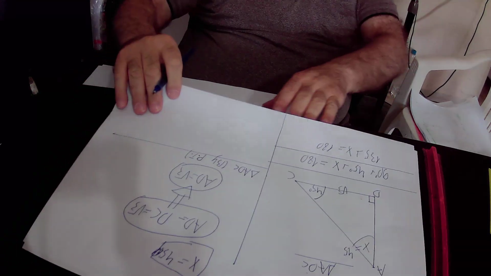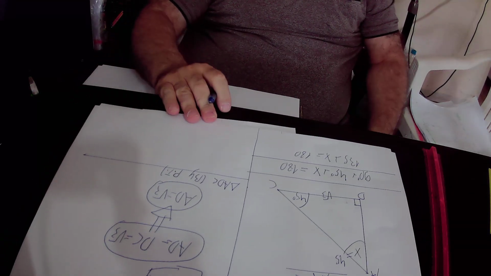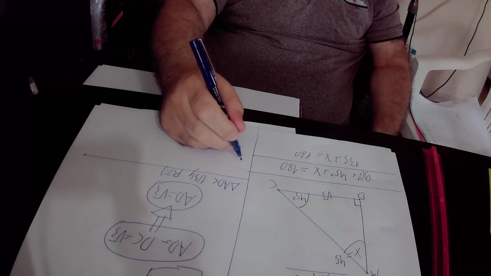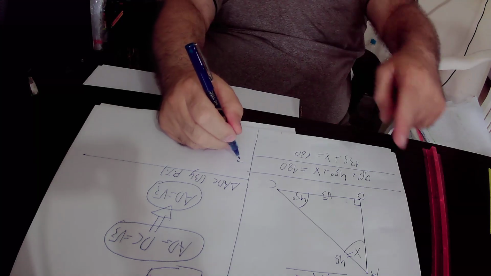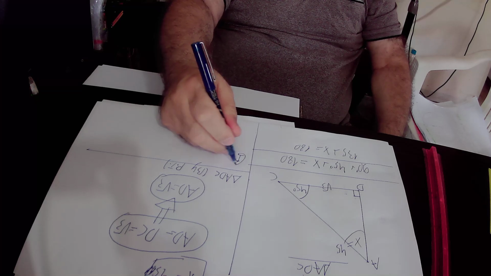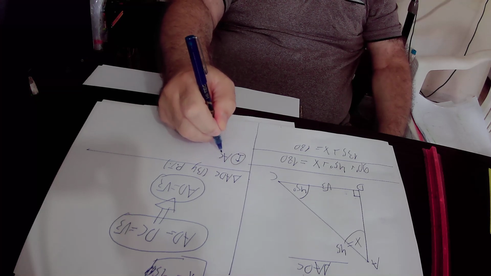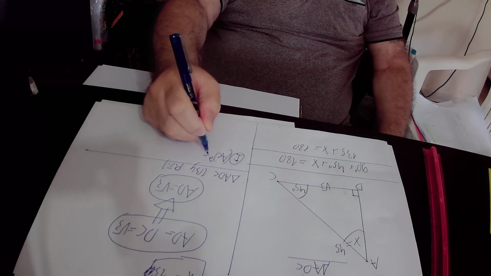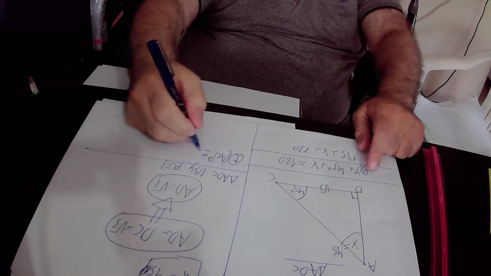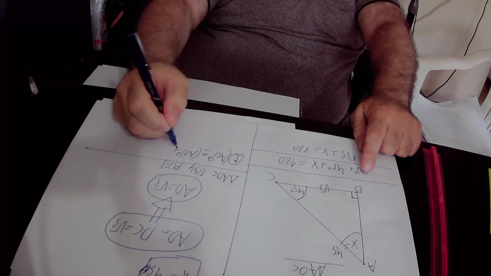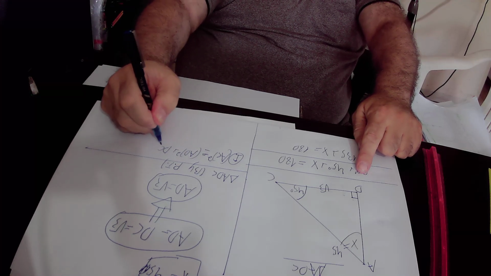According to the Pythagoras theorem, the square of the hypotenuse equals the sum of the squares of the perpendiculars. The hypotenuse is AC, therefore the square of the hypotenuse is AC squared, and it must be equal to the sum of the squares of the perpendiculars. That is to say, it must be equal to AD squared plus DC squared.